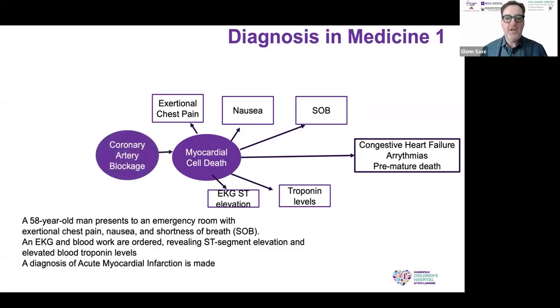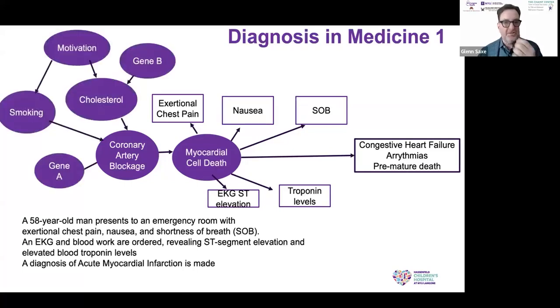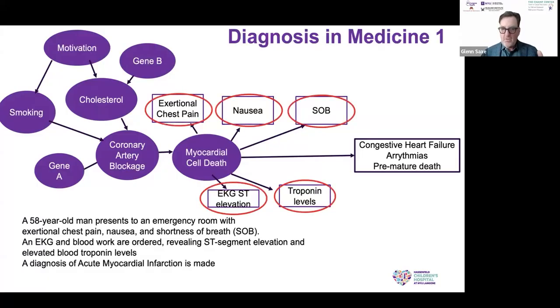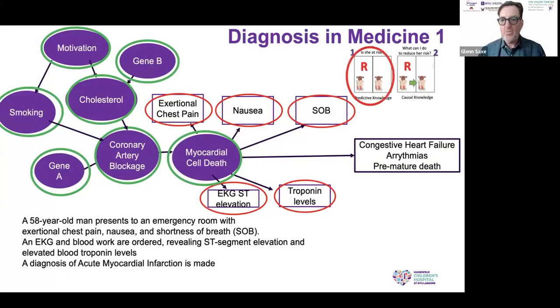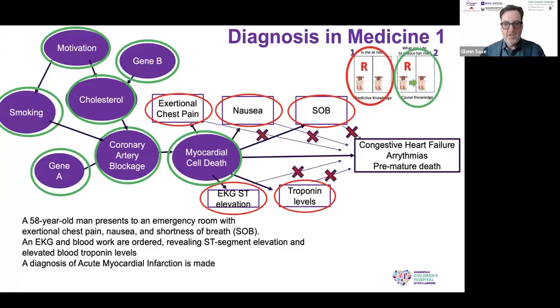If you gave a painkiller for chest pain, it's not going to help, because these are the causal pathways. So again, red, green. If it's green, you can intervene. If it's intervenable. If it's red, it's not going to change things. And again, red and green.